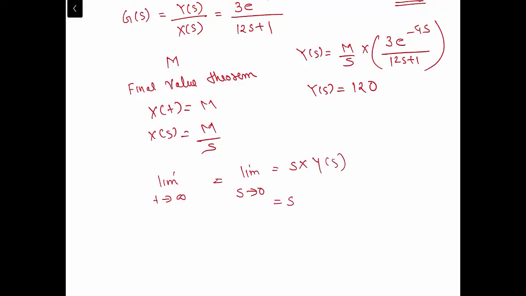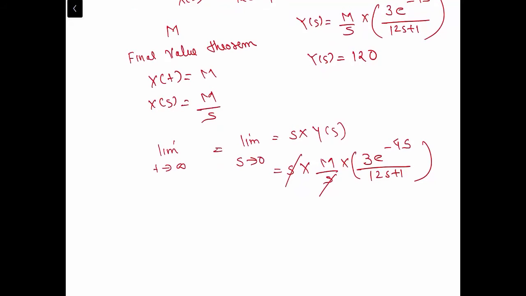So Y(s) value is given, s into m by s into 3e to the power minus 4s upon 12s plus 1. So from this s will cancel out. Okay, and this value is equal to 120.